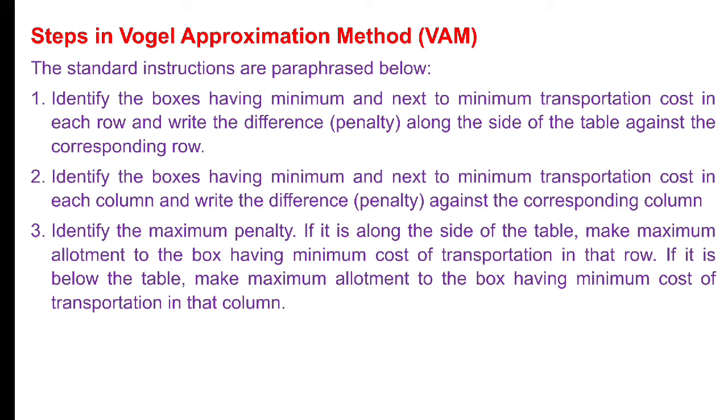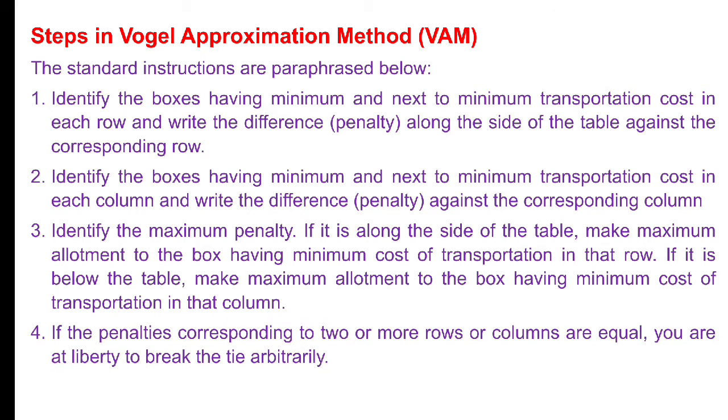If the penalties corresponding to two or more rows or columns are equal, you are at liberty to break the tie arbitrarily. Repeat the above steps until the restrictions are satisfied. Now we will consider this problem. Here the first condition is total supply equal to total demand. Both should be equal. Then you can solve the transportation problem by using the VAM method.